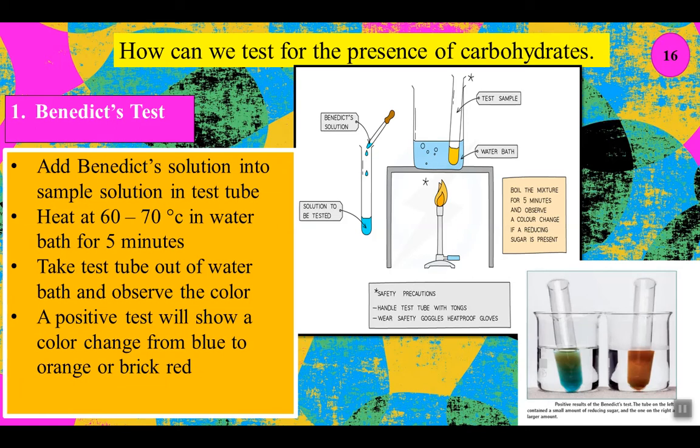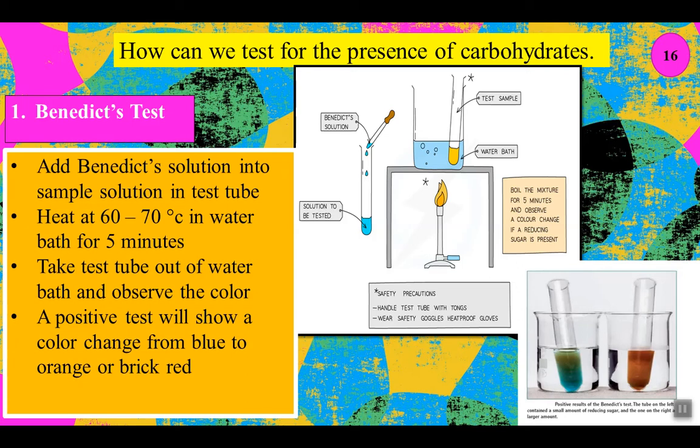It will be passed out as fiber from the body. How can we test for the presence of carbohydrates? So there are basically two tests for carbohydrates. The first one is Benedict's test. In this test, we have to take a sample and add Benedict's solution.